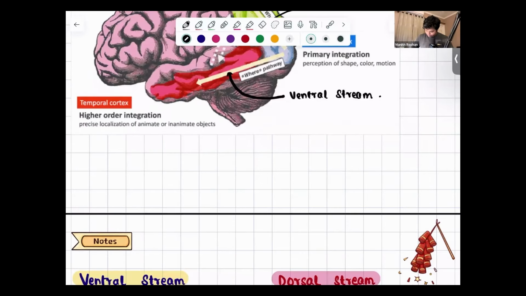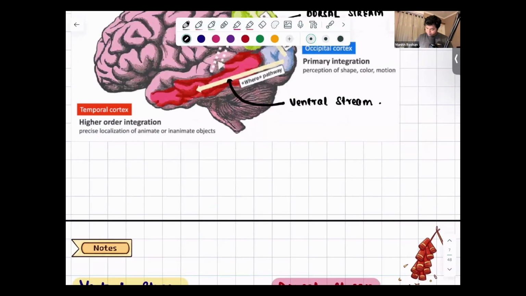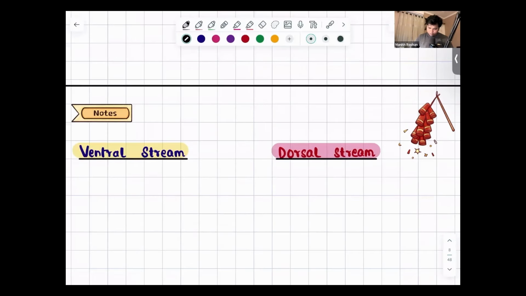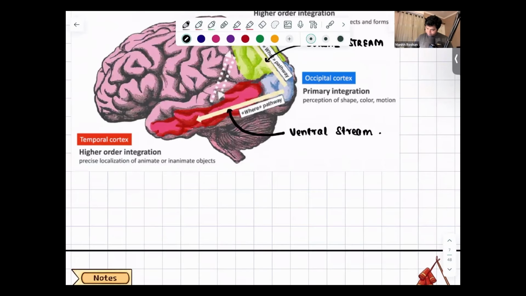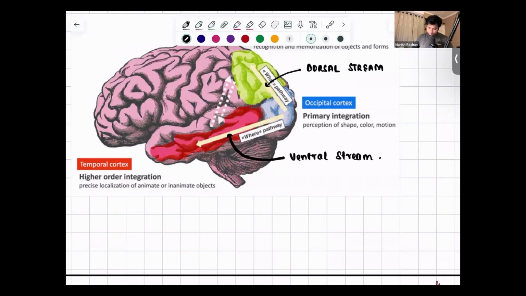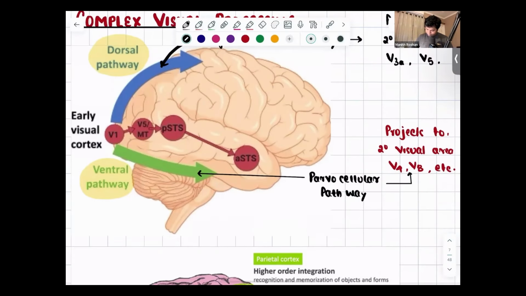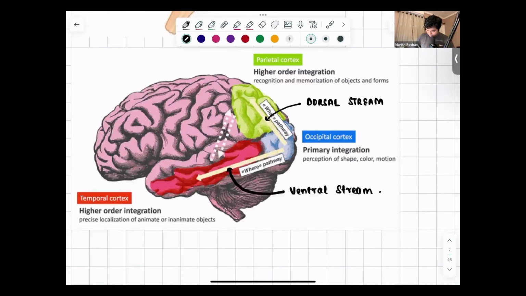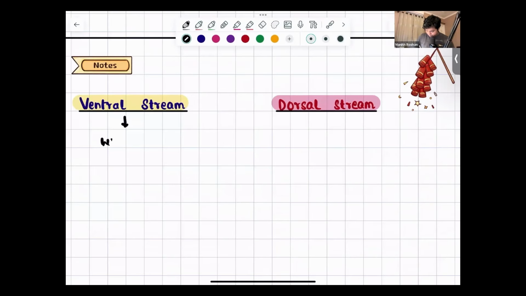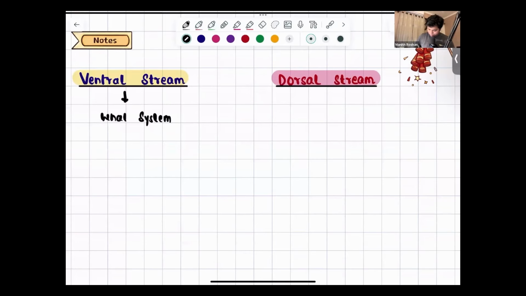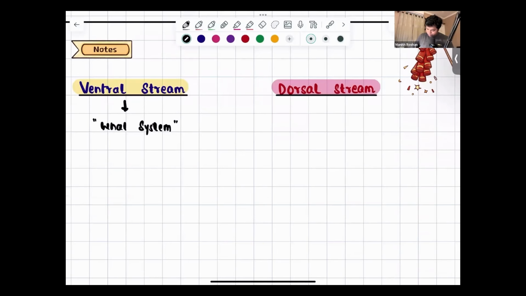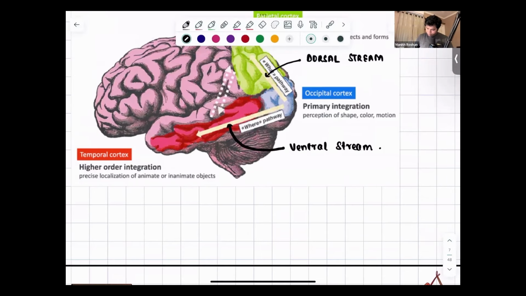I'm first going to write about the ventral stream. Let's start with the ventral stream first. The ventral stream is called the what system. What system means it is going to look into what is happening.